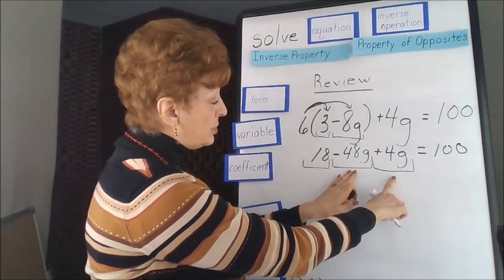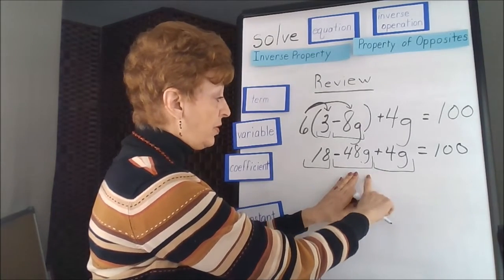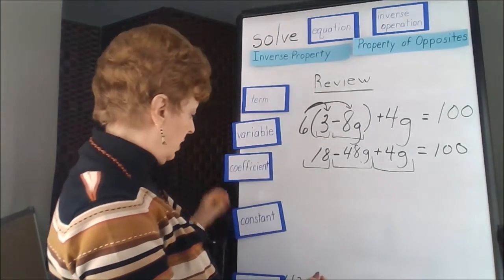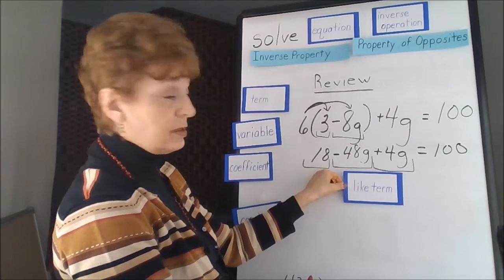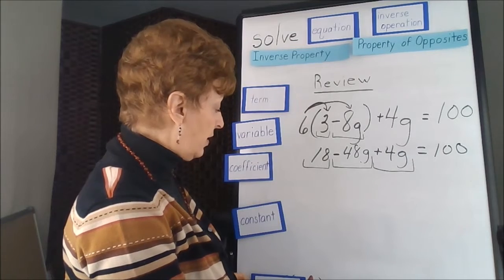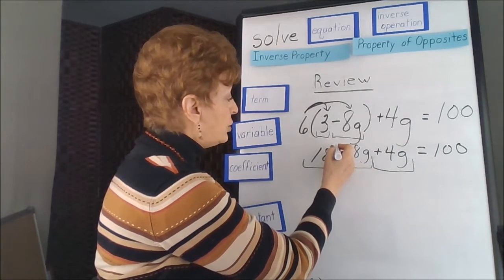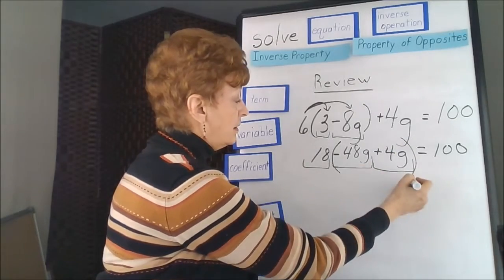I have 2 of the terms in here that actually are g's. So both of these categories are like terms. Those could be joined together. So in this preliminary step, I'm going to do that part next and join this.